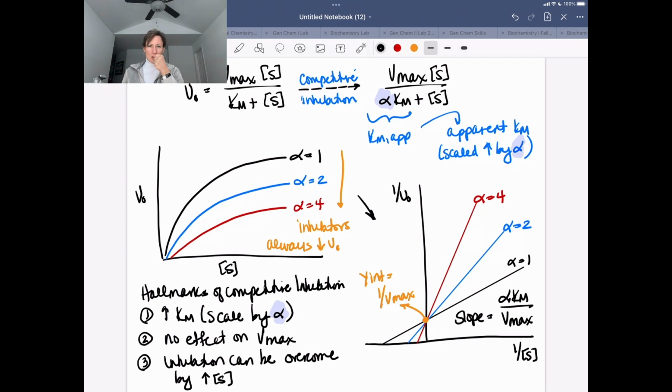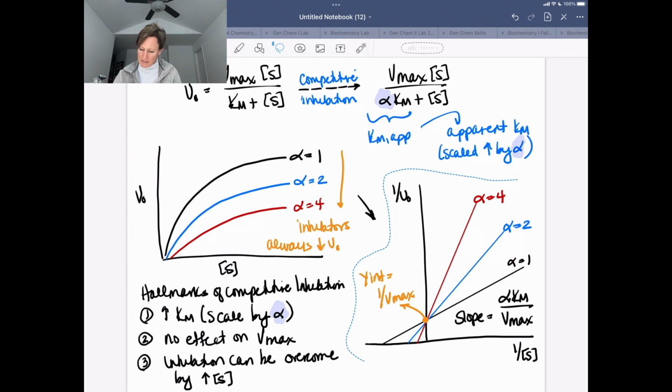If we want to make sure that she doesn't sit in that seat, we would have to have a huge sea of boys so that, from a probability and statistics standpoint, she is not likely to find that seat and a boy would be able to come in there. So we can outcompete the inhibitor by having high concentrations of our substrate. Those are the three hallmarks of competitive inhibition.